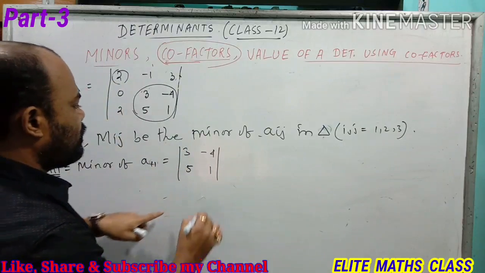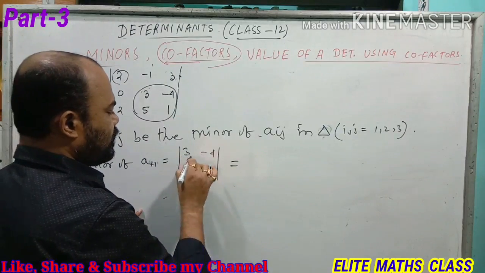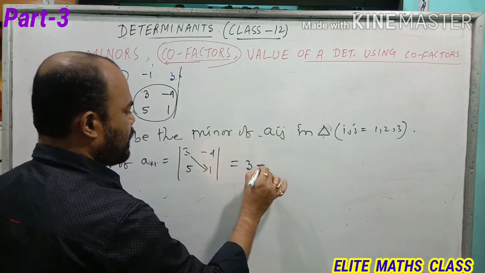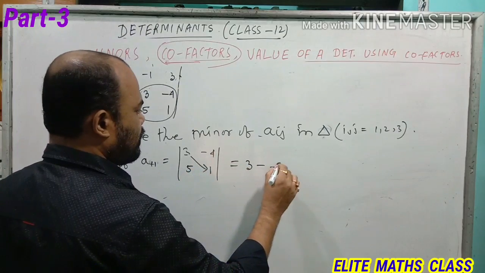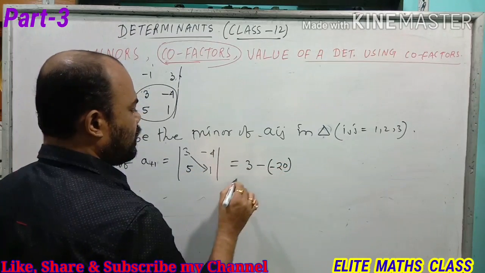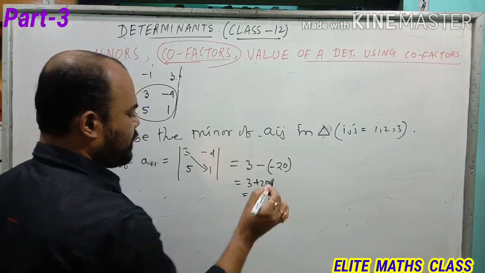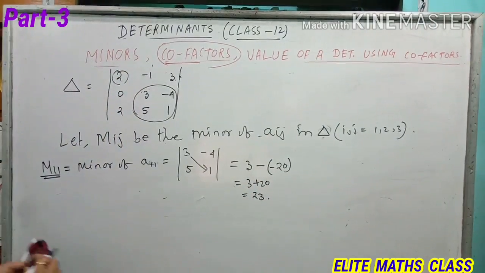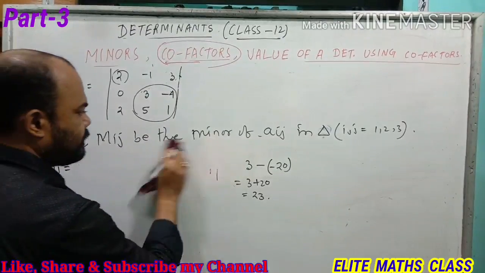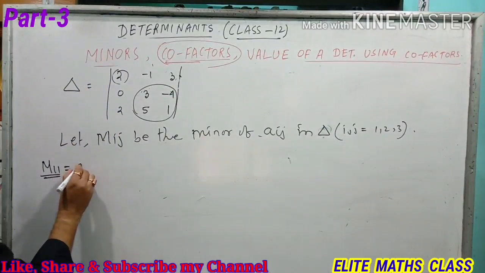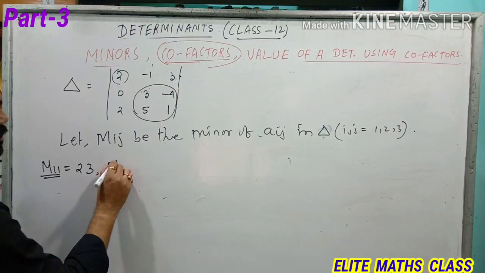And what will be the value of this? It will be 3 into 3, this into this, minus 20, minus 20. So what is the value? 3 plus 20, 23. So the value was 23.